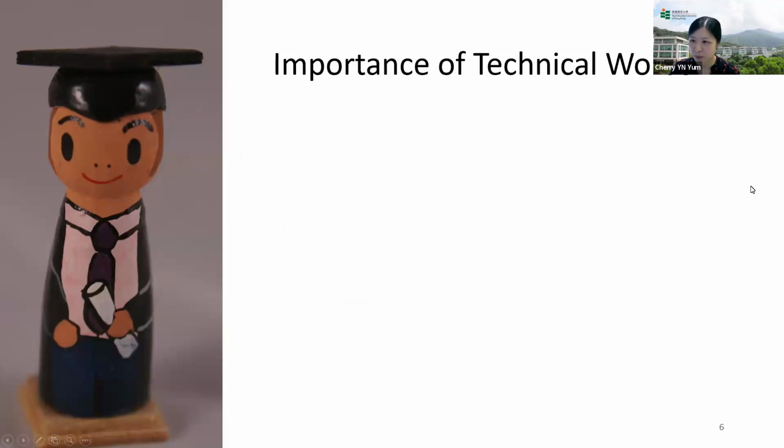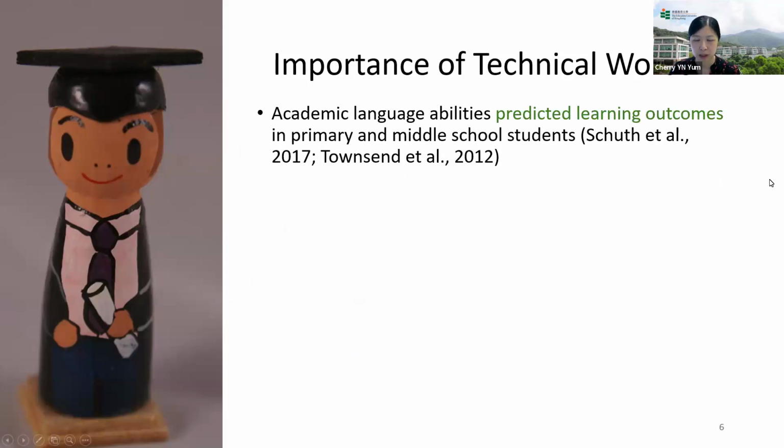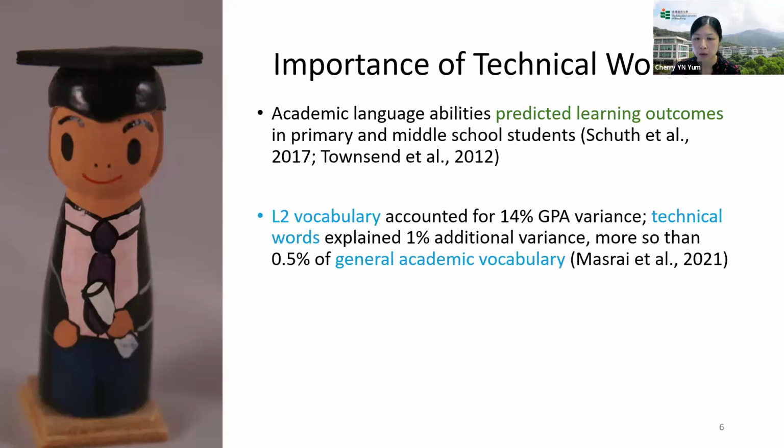Now, why do we care about technical word learning? We know from research that academic language abilities are important predictors of learning outcomes. This is true from early stages of education, in primary and middle school students, all the way to tertiary education.